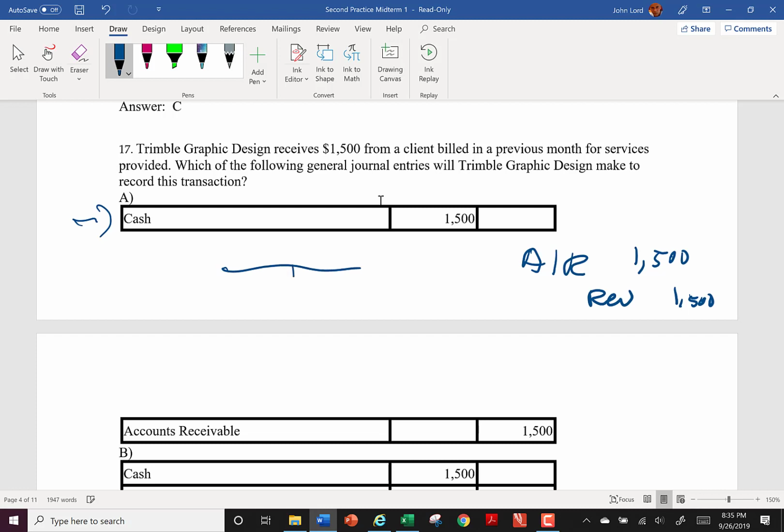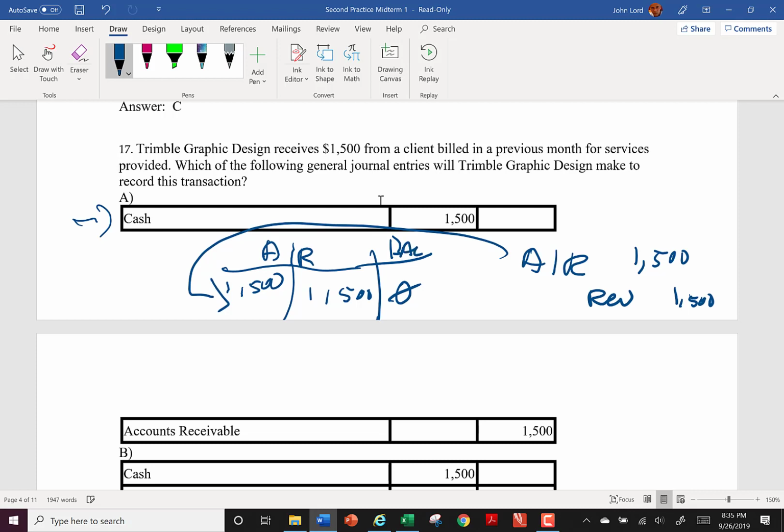If somebody pays you, do they owe you money anymore? AR is accounts receivable, so there's that debit. We now need to credit it so that we show that that person doesn't owe me any money anymore. So that now has a balance of 0. I want that to be a balance of 0. So isn't it true that I should debit cash and credit accounts receivable? So A is the correct answer.